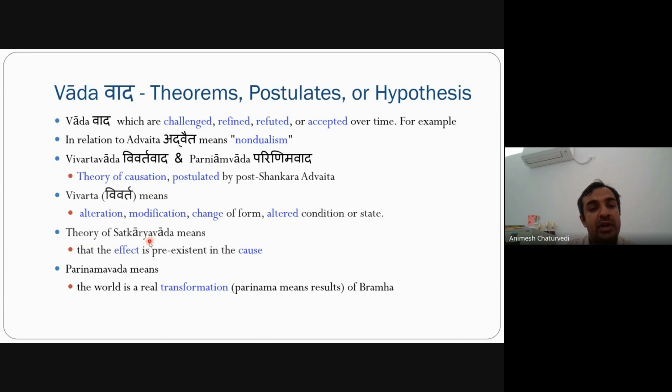Then there's the theory of Satkaryavad, that is, the effect is pre-existent in the cause. So the effect is obviously already there in the cause. And then Parinamvad was there for transformation, about how things will happen to Brahma, that is the universe.